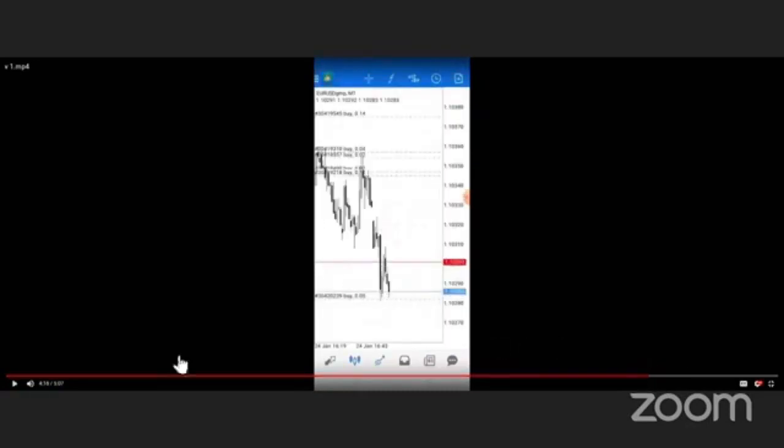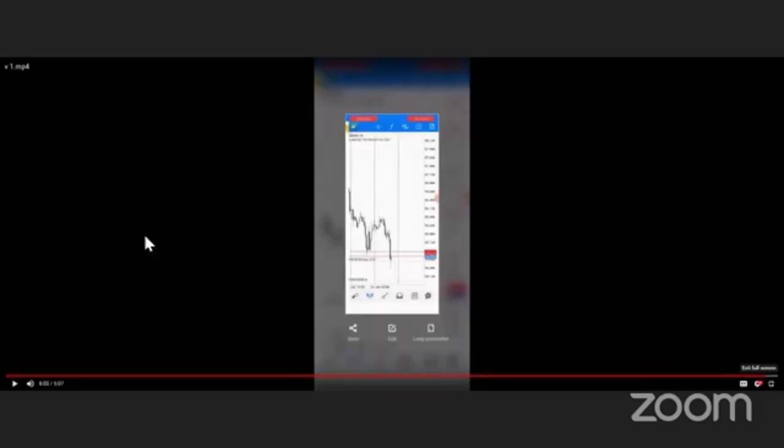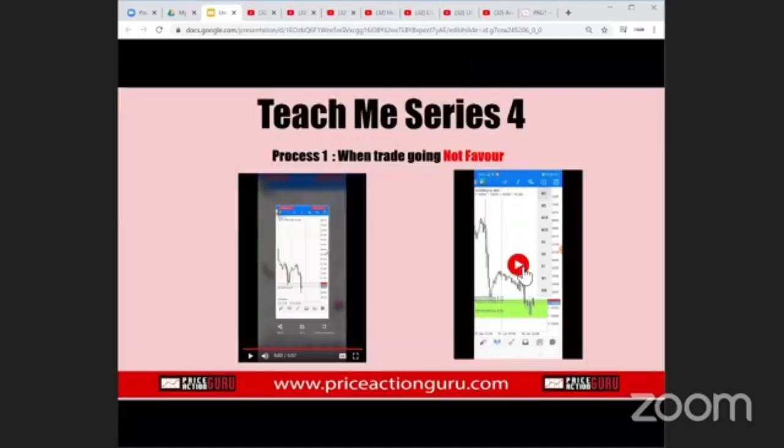At this point, I know the price has to go higher. That's the reason I took the trade. But the price is going lower and lower. And for my money management, I'm looking at this because I entered big volume. My principal was $86. I don't want the profit that I gained to eat up my capital. So I cut loss at this point. Now that's the first stage. What happened after that?